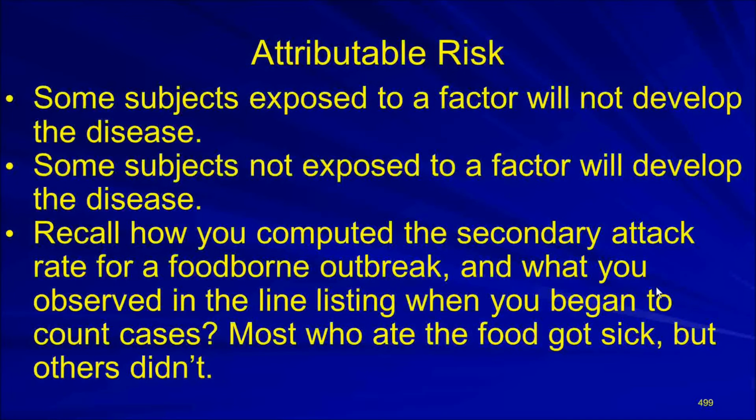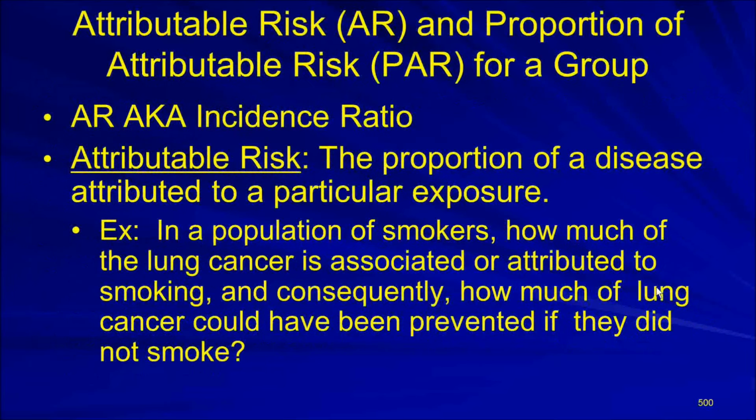Attributable risk, the amount of risk attributable to the disease. Attributable risk and proportion of attributable risk for a group. Now, with doing a prospective study, we're going to do group statistics and population statistics.